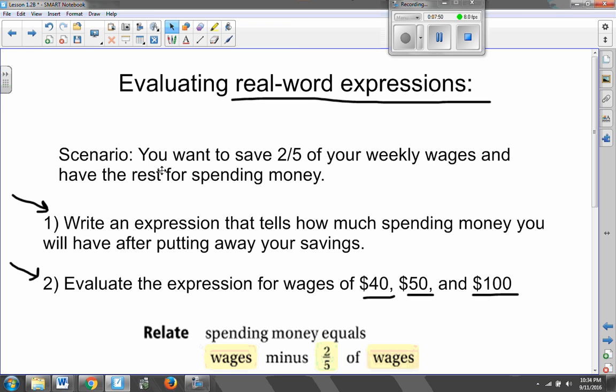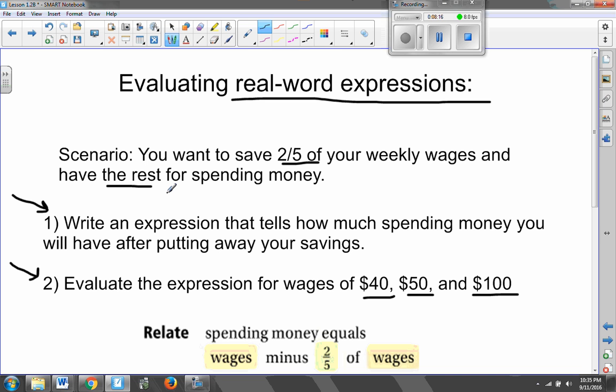Okay, so the scenario that they give us here is that we want to save 2/5 of our weekly wages, of our money, and have the rest for spending money. So the first thing I need to do before I can evaluate an expression is actually write one.